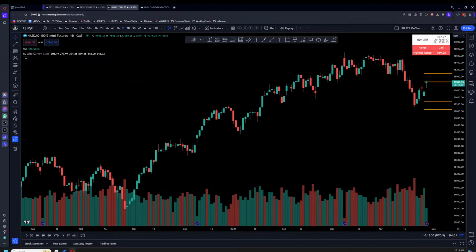I don't know, it might be long here. It's switching over, so I might have to dump my short. We'll see. I don't know yet. We will see. If it does recapture the opening range high, then I probably should consider going long.